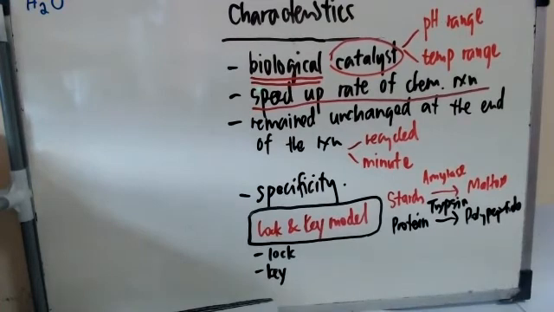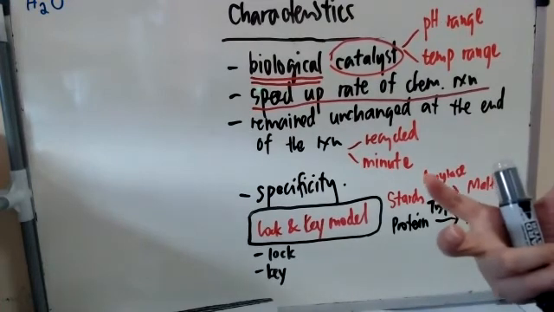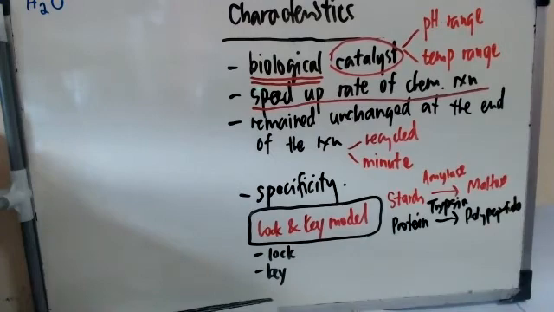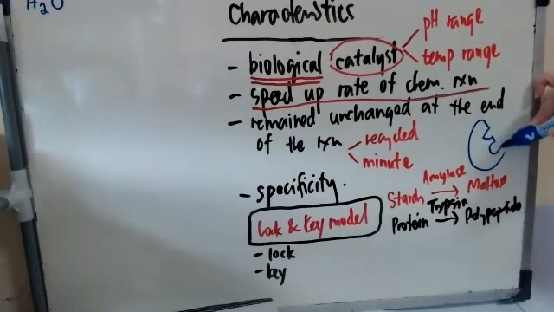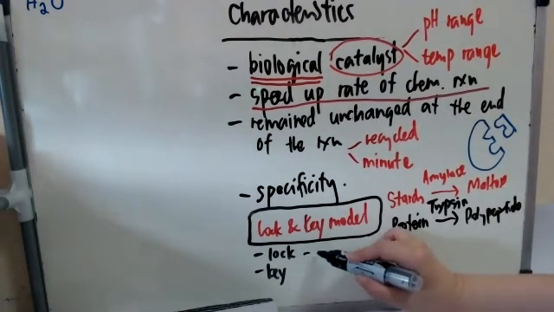The lock, which is bigger, is represented by, so you can imagine, enzymes is bigger, right? Substrate is smaller. Lock is bigger or key is bigger? Lock. Lock is bigger. So in that case, lock is the enzyme.